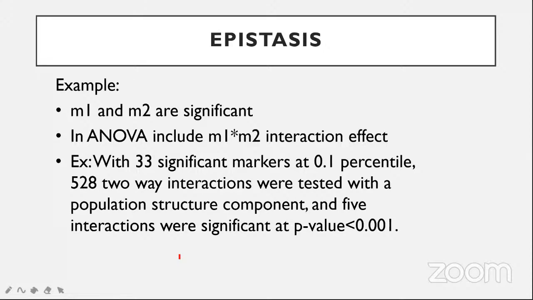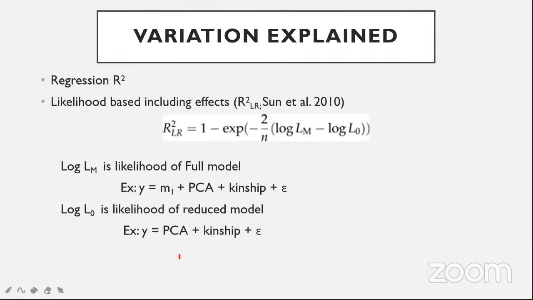So if I look at the functional scale, there are 2 genes in a pathway where gene A leads to B. So obviously the marker linked with A and the marker linked with gene B interact. And the next comes the variation explained, where TASSEL gives you an output, but there is one more appropriate method where you could explain the variation explained by each of the markers, where you have a null model and a full model, I mean a reduced model and a full model.